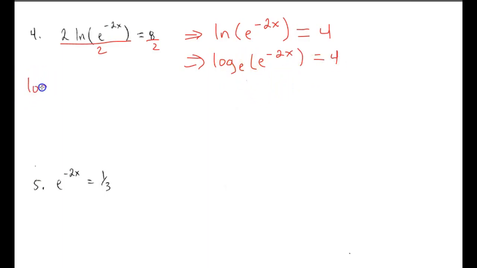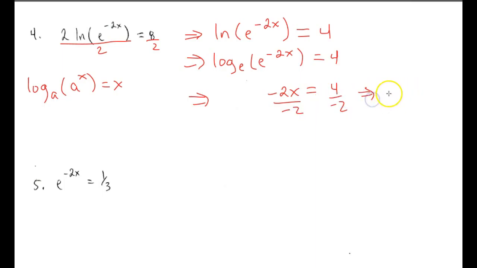Anytime we have log base a of the same number raised to the power of x, we know that we just get whatever's in the exponent. So looking at this, we see that the bases are the same, so whatever is in the exponent is what all this has to equal. So in this case, since negative 2x is in the exponent, that's what the result of all this is, and that equals 4, and thus to get x, all we need to do is just divide both sides by negative 2. And we see that we have x equals -2.